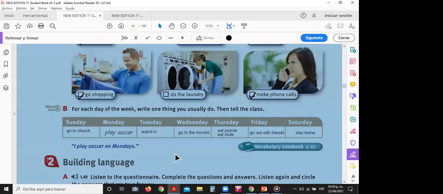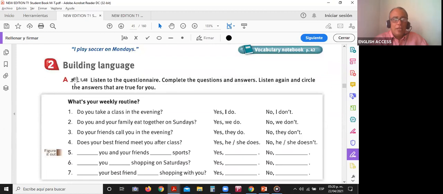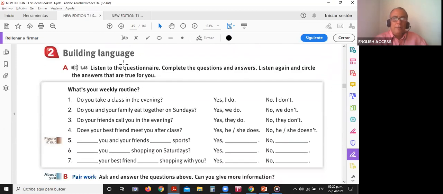Okay, let's see more about building language. We have a questionnaire. We need to complete the questions and answers. We are going to follow the examples here. We are going to listen to these examples, and at the end of the activity, you are going to circle the answers that are true for you.